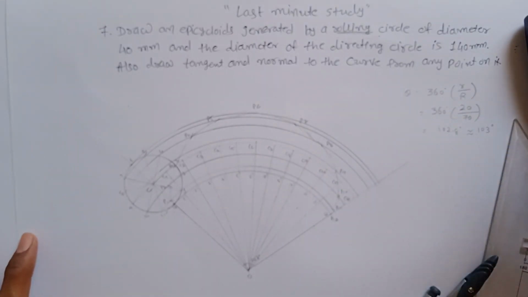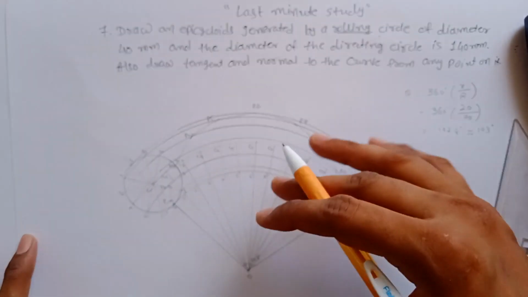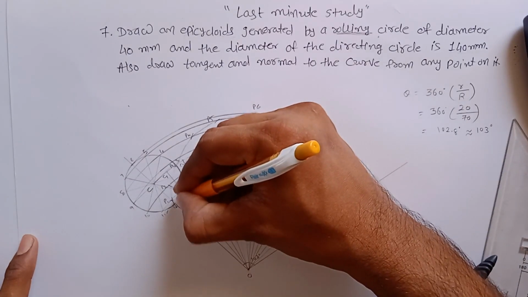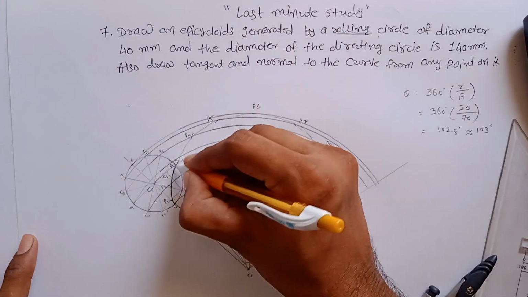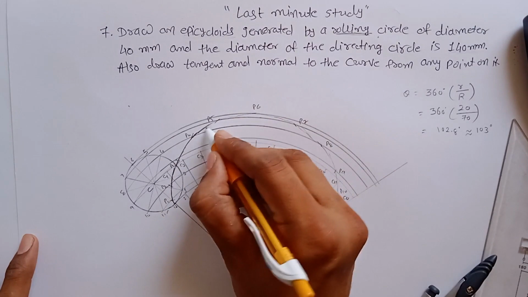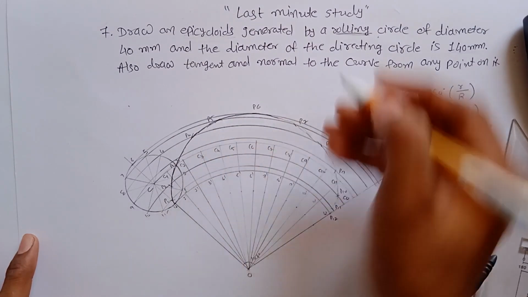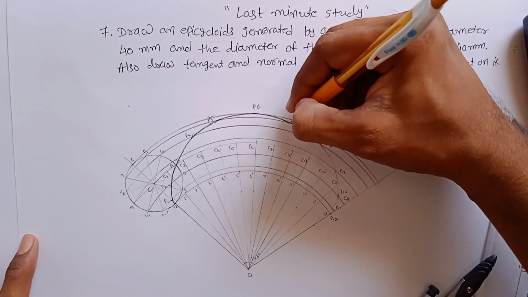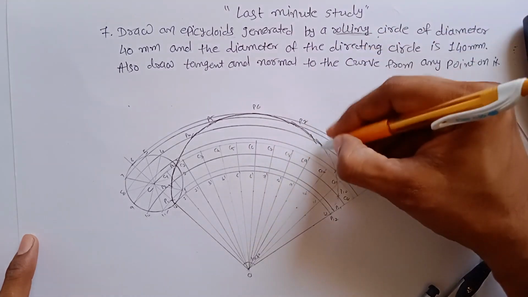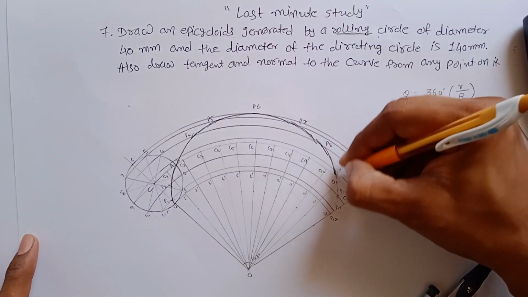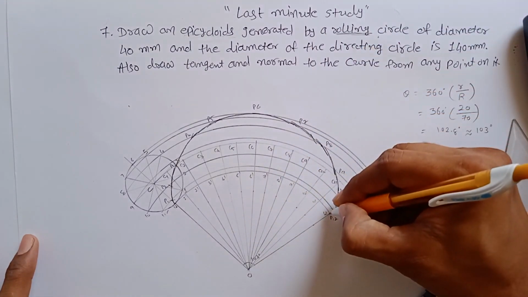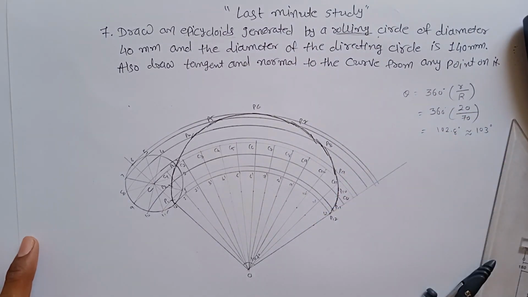This is your desired curve, but you have to make it dark. So this is your epicycloid.